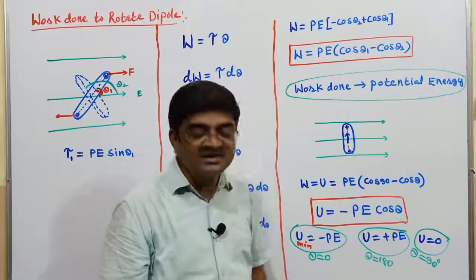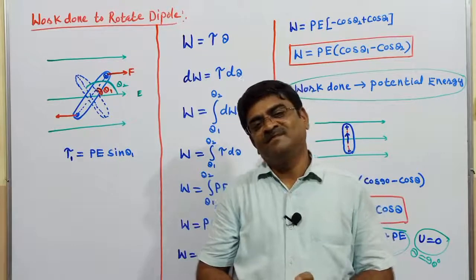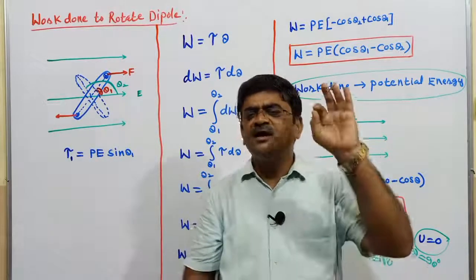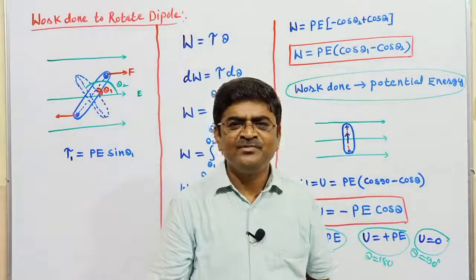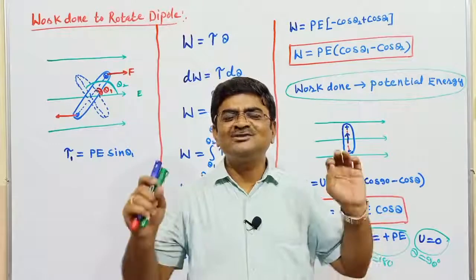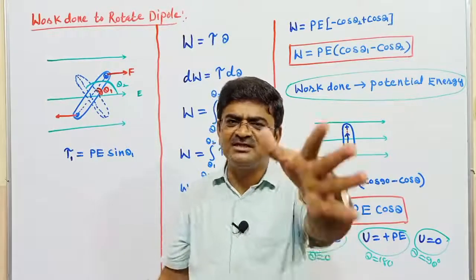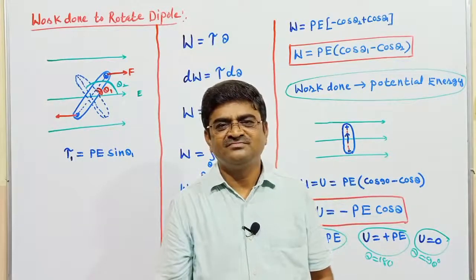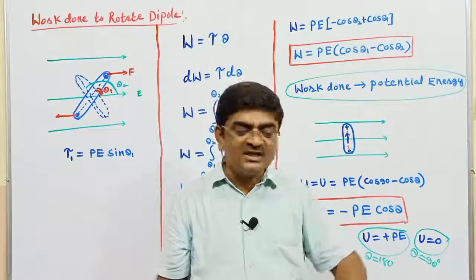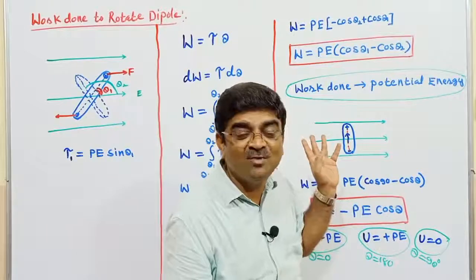And students remember, potential energy has a vital role to play about stability. Remember, it's a law of the universe. Whoever has less potential energy, stability is more. Less the potential energy, stability is more. So if I ask you then, where do you have the dipole as more stable?